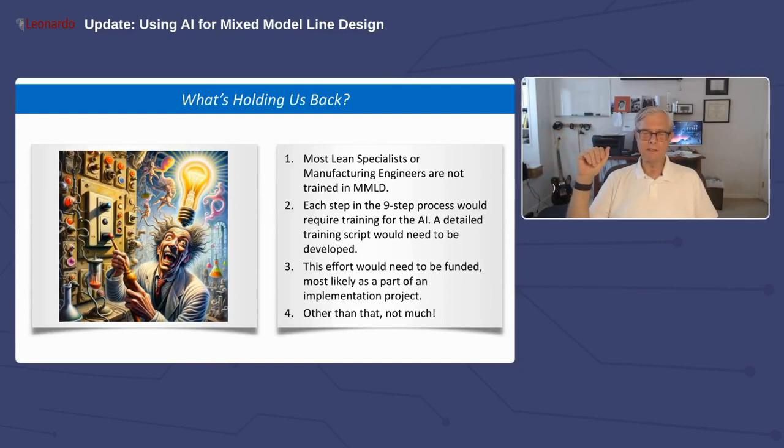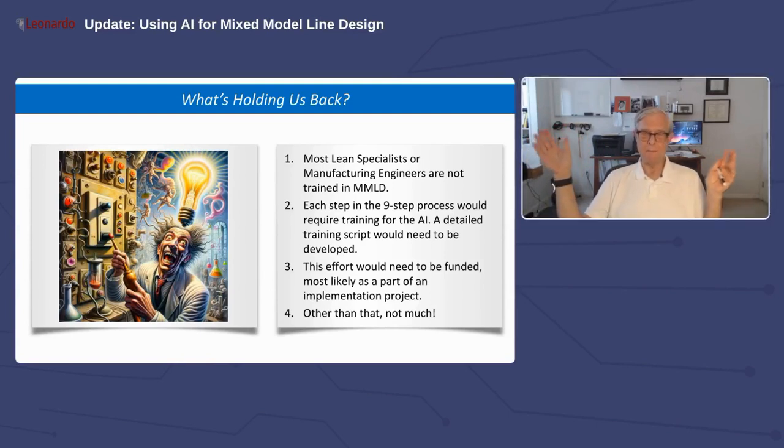And then the third thing is, typically an effort like this to automate the whole thing would have to be funded. That means someone has to pay for the time it's going to take for the subject matter experts to develop this content and do the training and do the testing, et cetera. So there are two ways to do that. One is you actually have a project and a budget, and you build this into the budget, or you have an investment that you make, right?